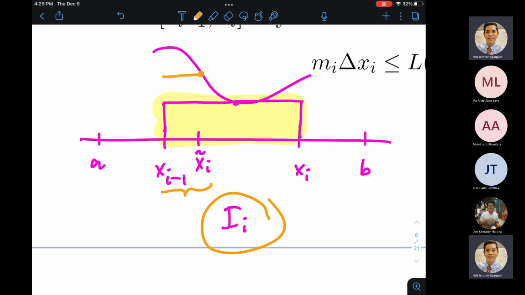So for this first refinement of II, ito yung gagamitin kong contribution. Alright? Tapos, mula dun sa pangalawang subinterval, mula kay x sub I tilde hanggang kay x sub I, kukunin ko uli yung minimum. Nandun pa rin yung minimum. So, ibig sabihin ng contribution mula dun sa second refinement of the interval II ay ito.